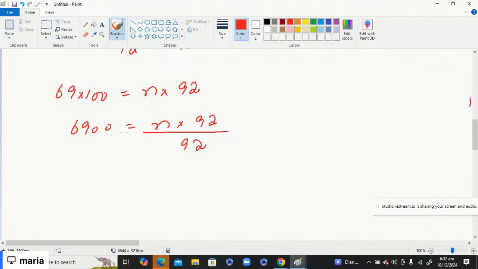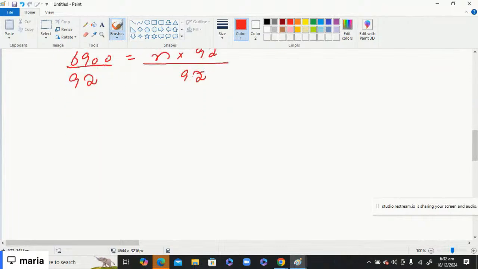Divide by 92 on both sides, and that side is cancelled, so n equals 6900 over 92. What value do you get? 6900 divided by 92 gives the answer 75.